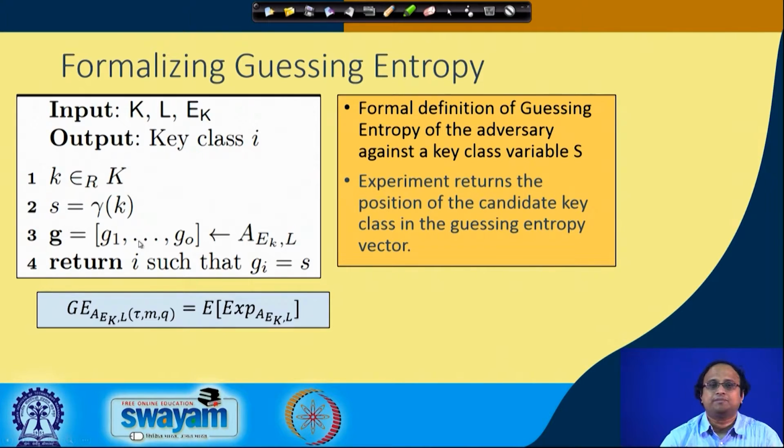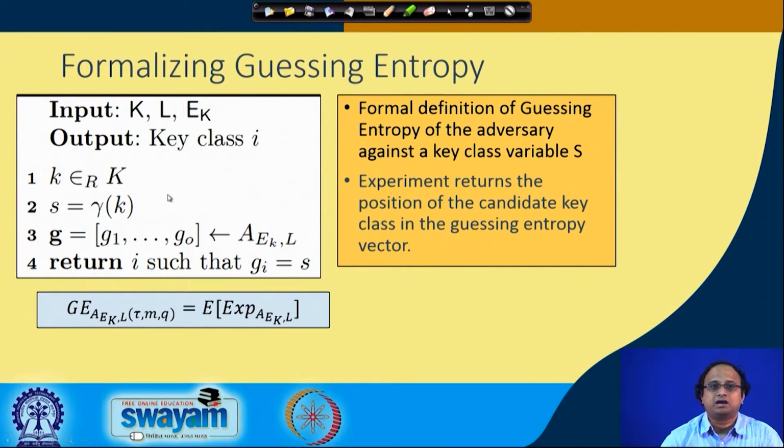If, for example, it starts from G1 and G2 is my correct key, where G2 equals S, then G1 and G2 are both possible, and the remaining workload is proportional to this returned I. Ideally I want S, my correct key candidate, to be the first member of the guessing vector, because then I have really resolved it and there is no remaining uncertainty about the key.